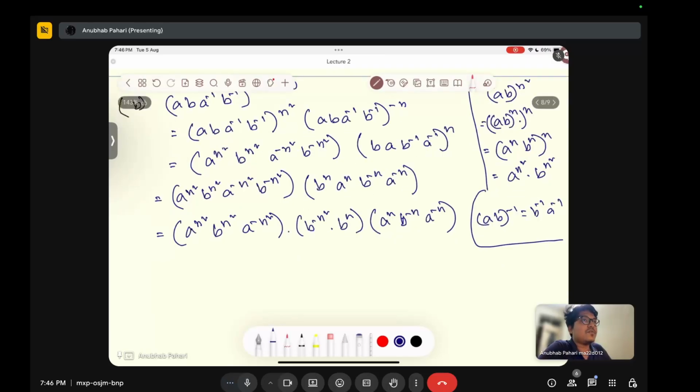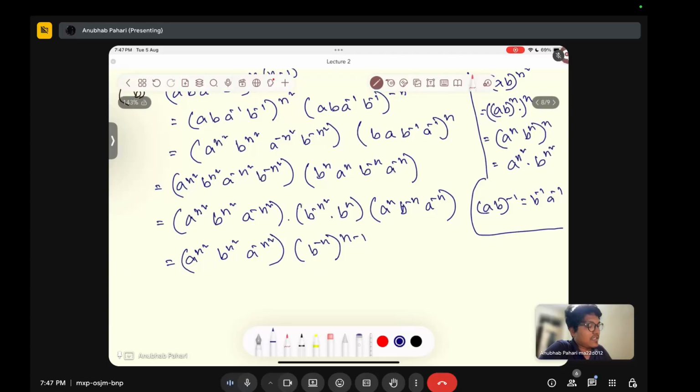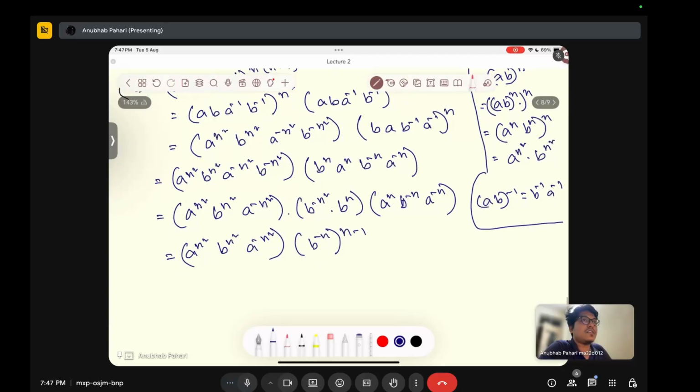Now from here it should be a^(n square) b^(n square minus n square) and it is b to the power minus n to the power n minus 1, right? Yes, minus n square plus n can be written like that, and then b^(minus n) a^(minus n).